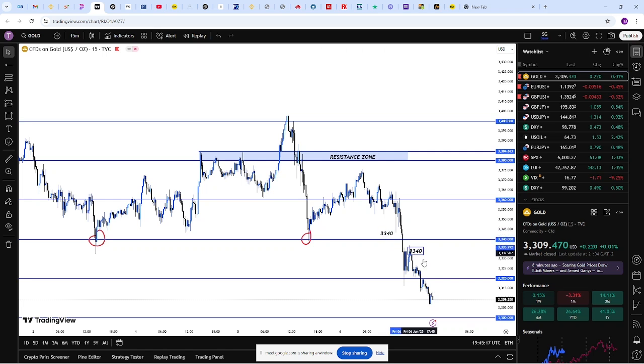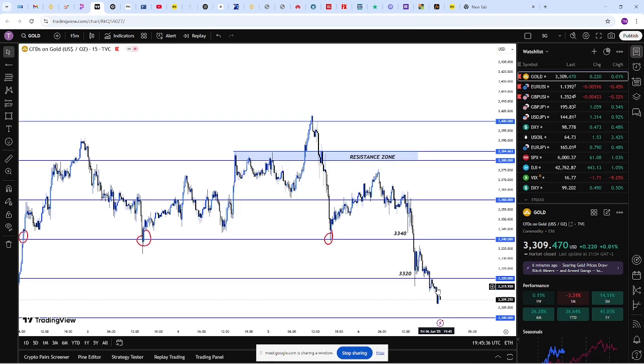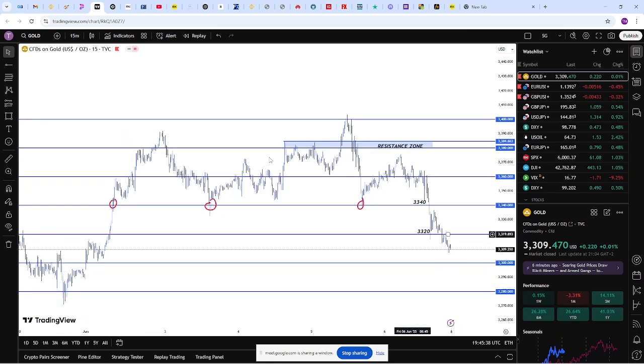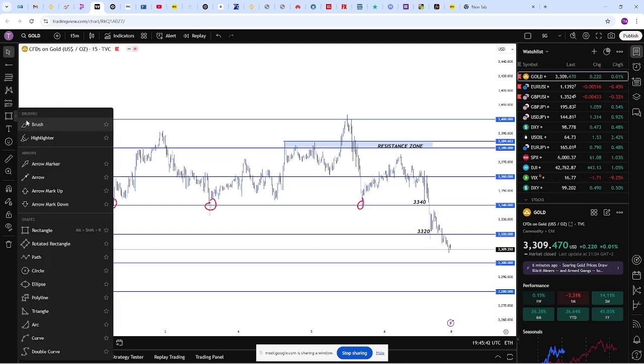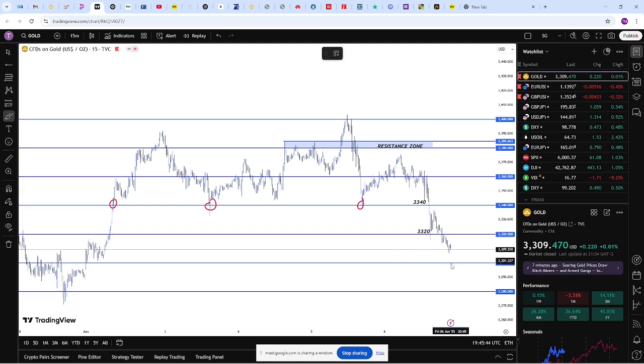Will it go for a correction, or will it just continue the trend? Definitely there's going to be a retracement. This one is 3320. On the retracement, we are saying two things. If you're a day trader, you can tell that this place is the next place price is likely to go, since you have all your psychological lines.